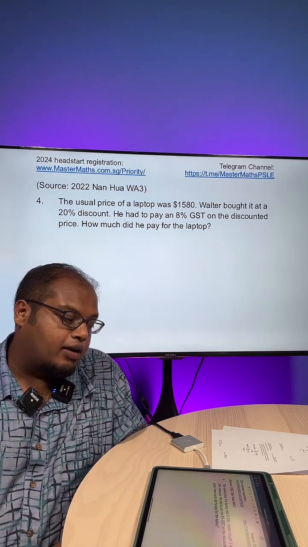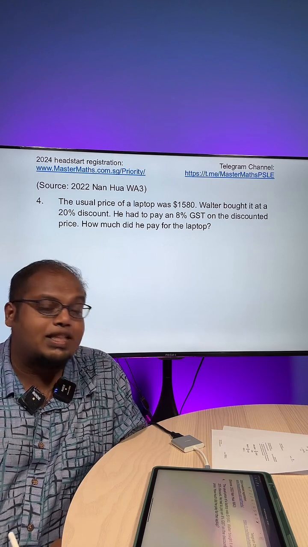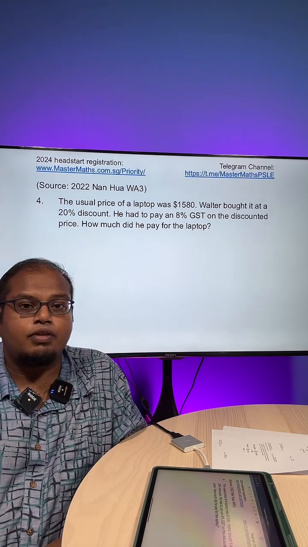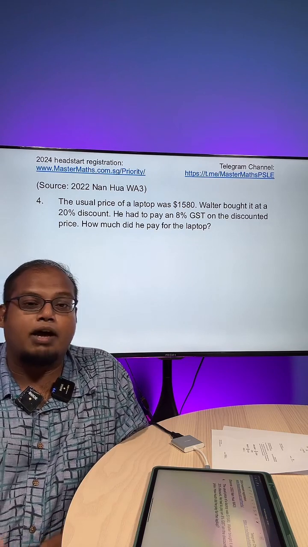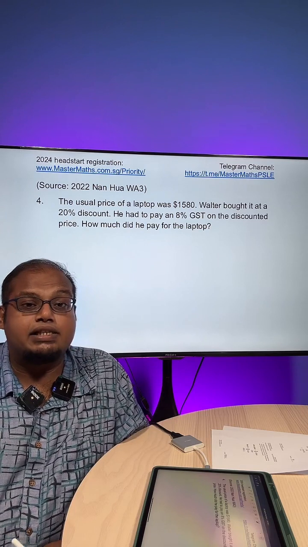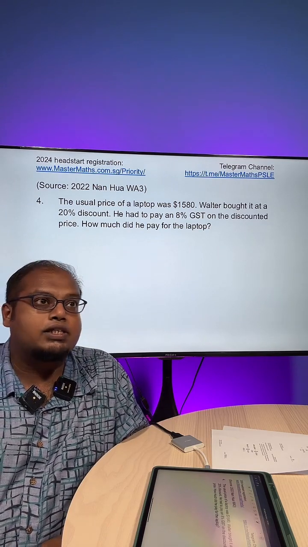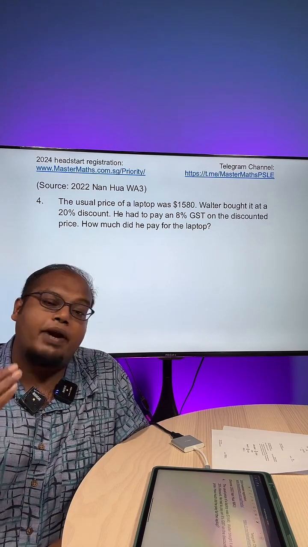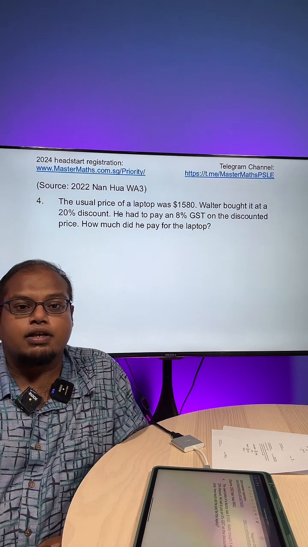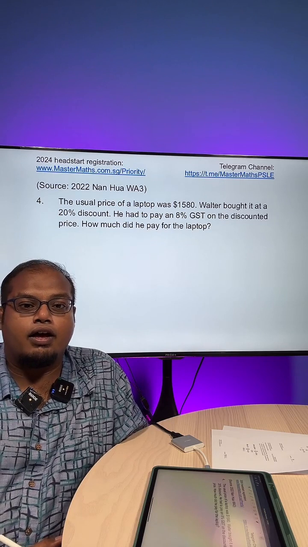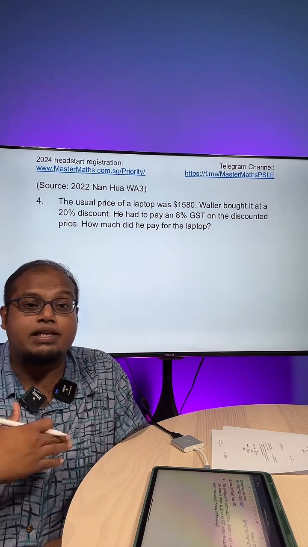But Walter was given a 20% discount. Maybe it was some year-end sale or something like that. So 20% discount. Discount, will it bring the price down, or are you supposed to add to the price? Come, answer in the chat. Discount, are you supposed to minus or supposed to plus?